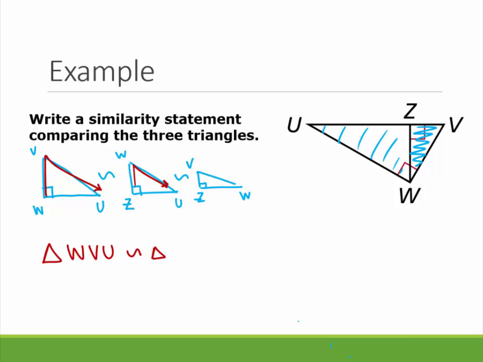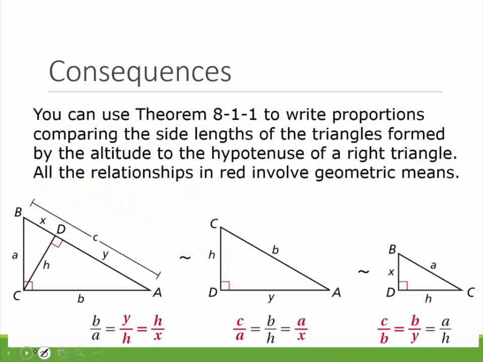We'll do the same direction, Z, W, U. And then finally the last one, again, same direction, Z, V, W. So again, if you can do it without writing out these things, go ahead. But if you need the help like spatially putting it down, it really helps to see that when you write your similarity statement.